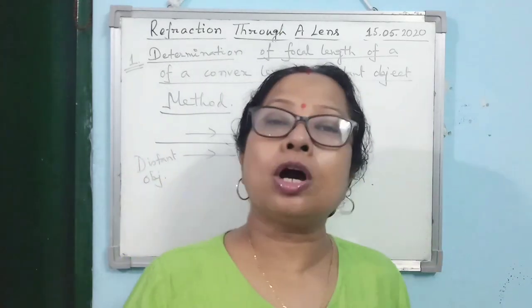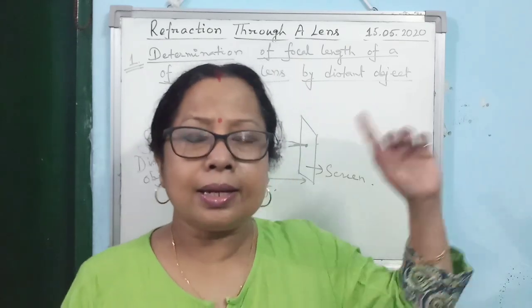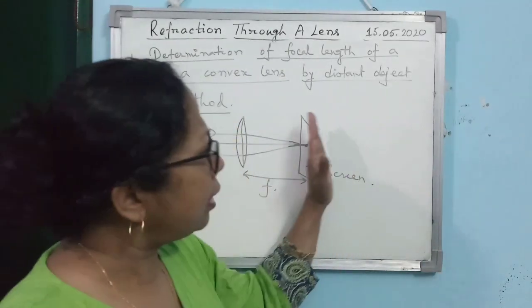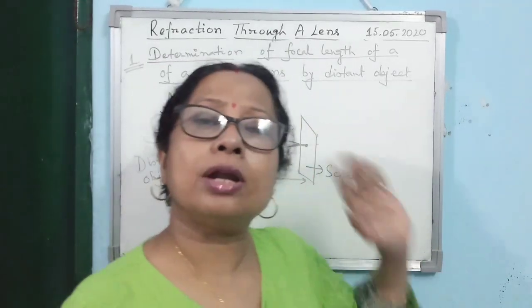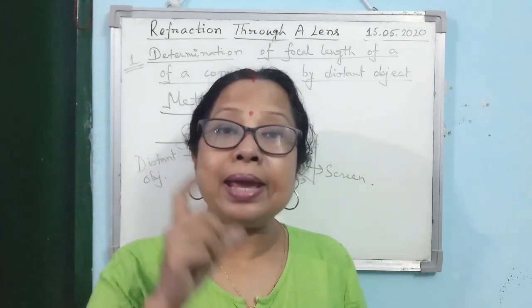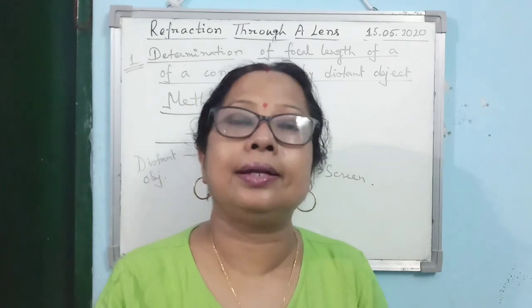As an example, there is one tree near the boundary. Suppose you fix your palm near the convex lens in such a manner that you get a distinct image of that tree on your hand.